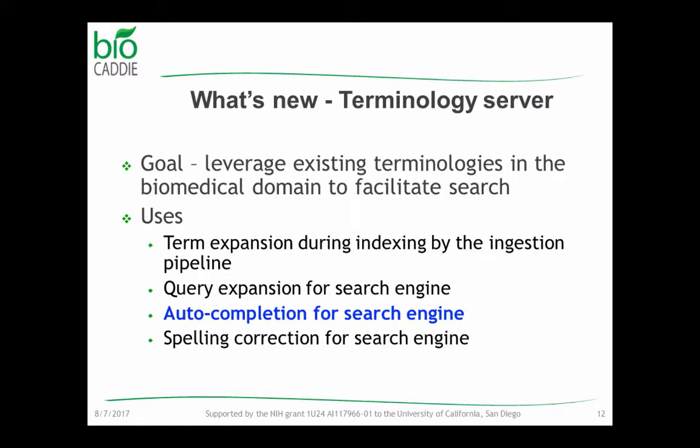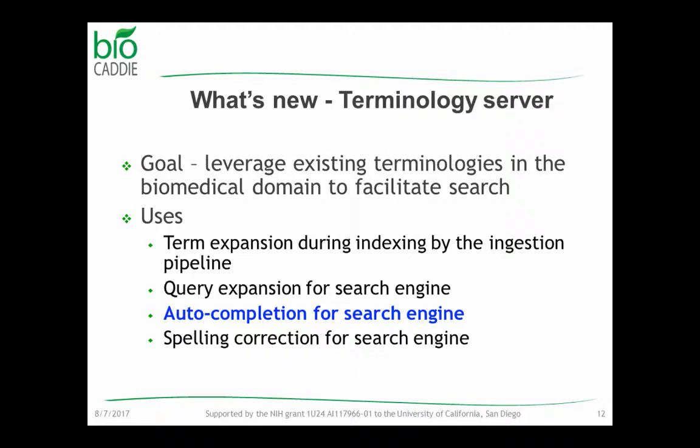So on the terminology side, we pretty much established the terminology server. The idea is to leverage existing terminologies in the biomedical domain to facilitate the search. And it has been used in multiple places. We expand the term to find the synonyms while doing the indexing, as well as for the query expansion.